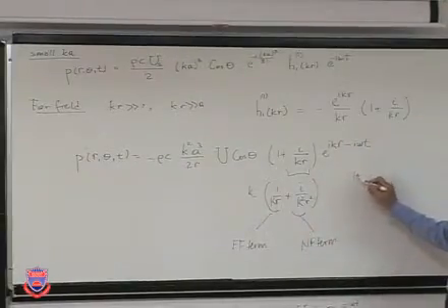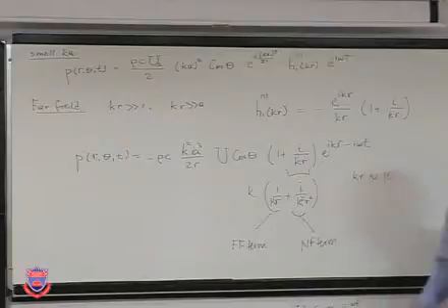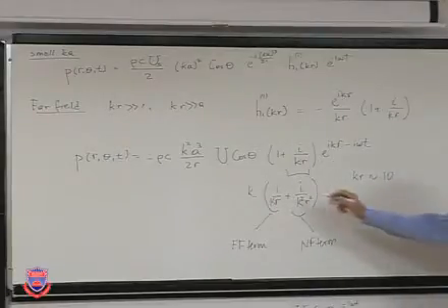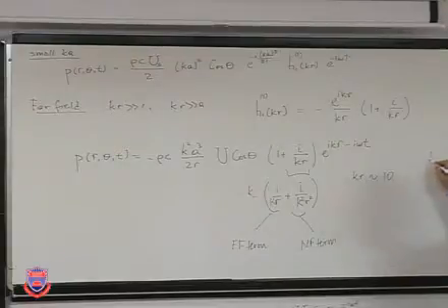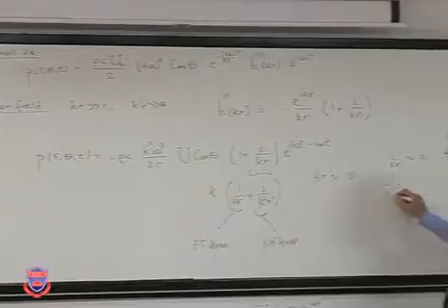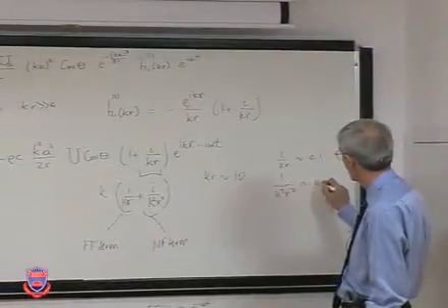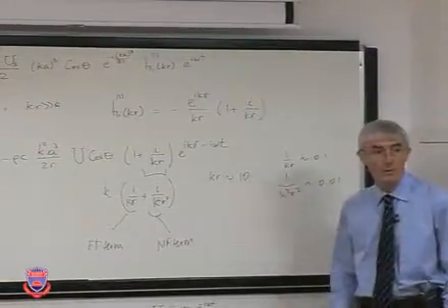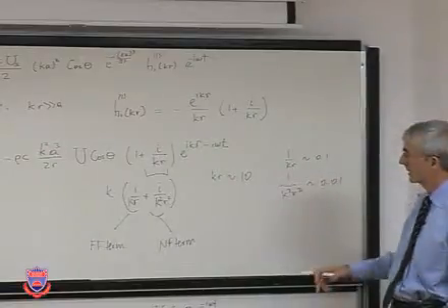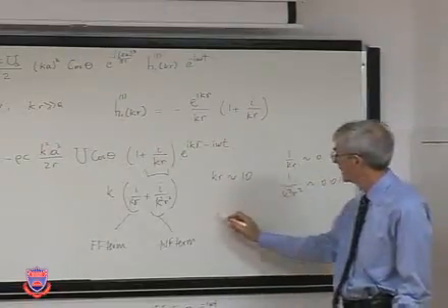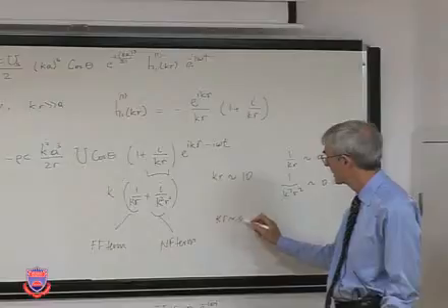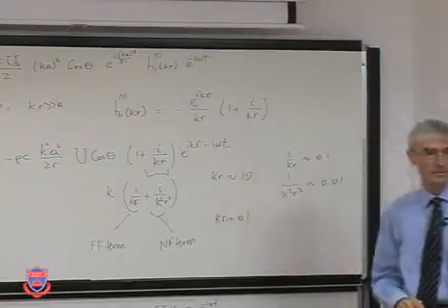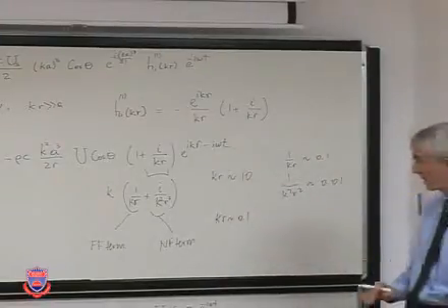Think about Kr being about 10. Then 1 over Kr is about 0.1, but K square R square is 0.01. As opposed to if Kr is about 0.1.